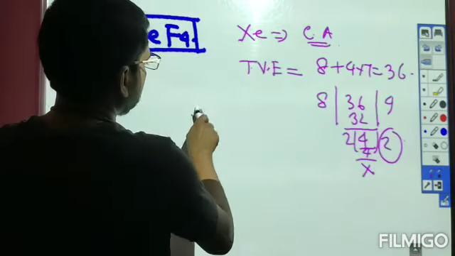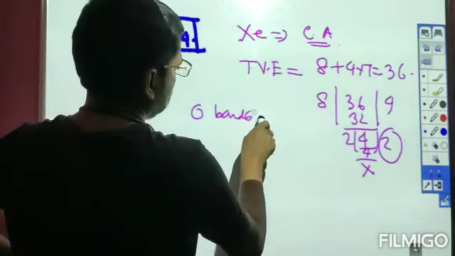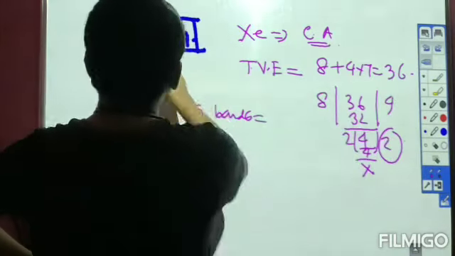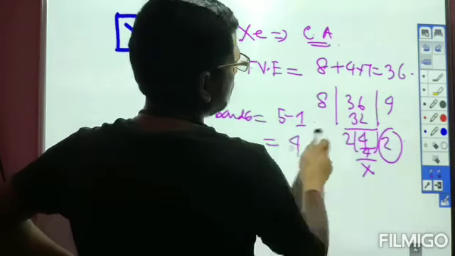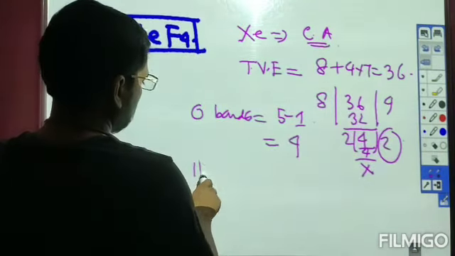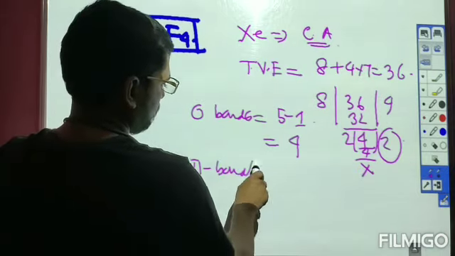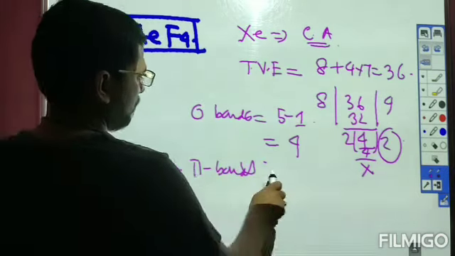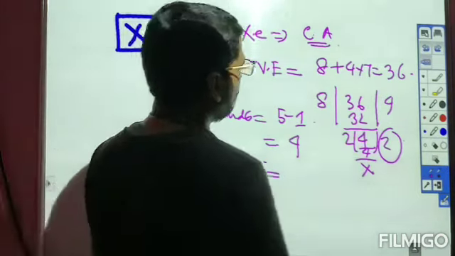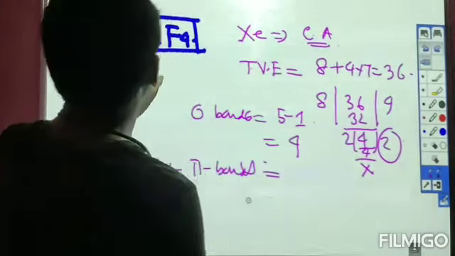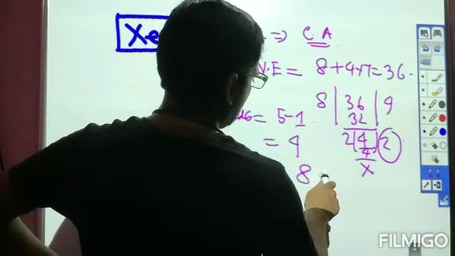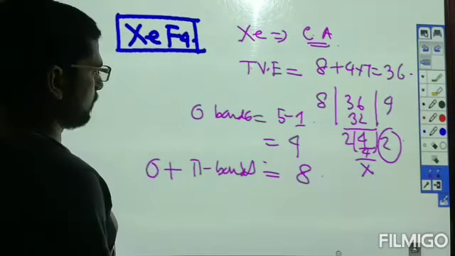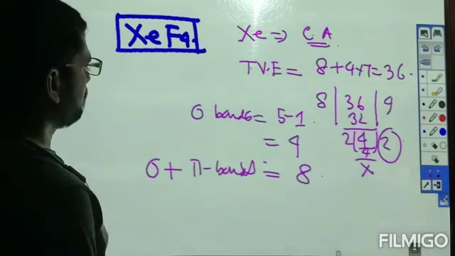Sigma. This is basically sigma, but put this formula like 5 minus 1, that will also give you the same result. So, pi bond. Sigma plus pi equal to 8.